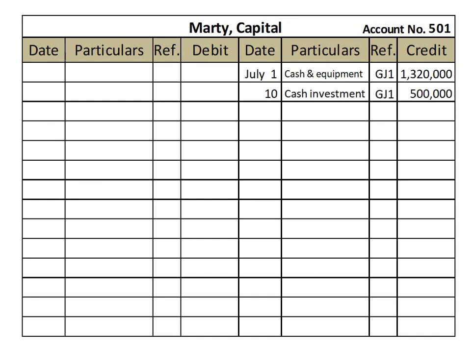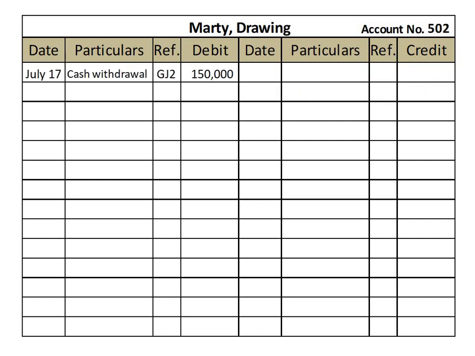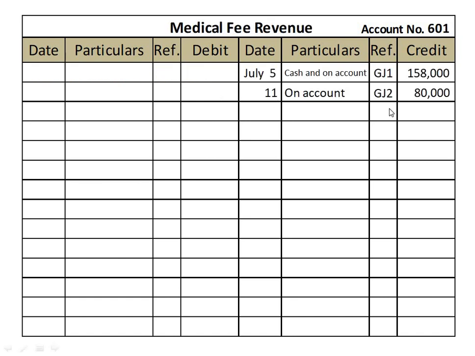Next, Marti Capital. Let's just put it on the credit column. Marti Drawing, lone amount. So just double rule. Medical fee revenue.